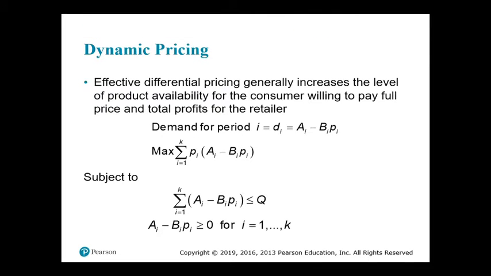So let's look at dynamic pricing first. The dynamic pricing can also be a very powerful tool for increasing profits, and this is based on the condition that the customer's sensitivity to price would change over different periods in a selling season.